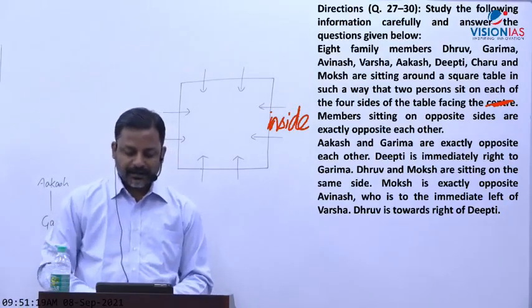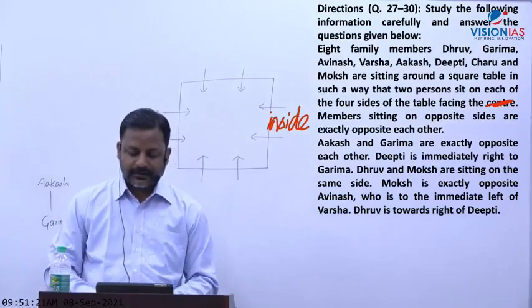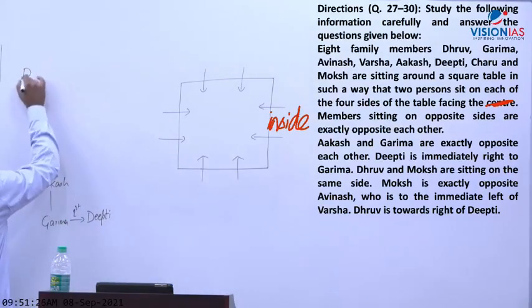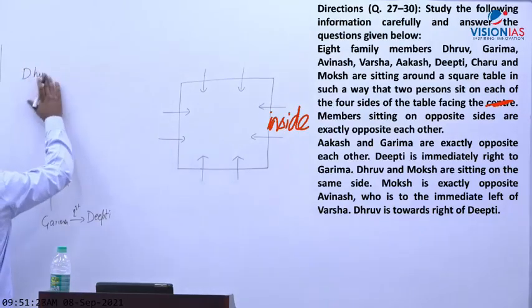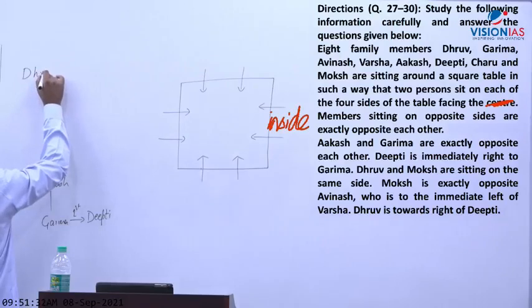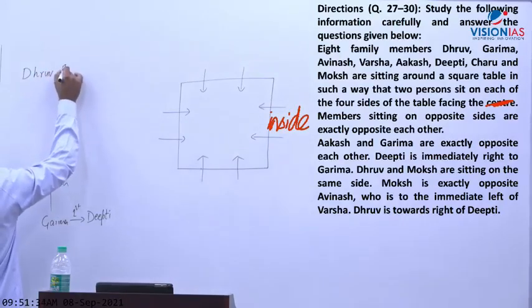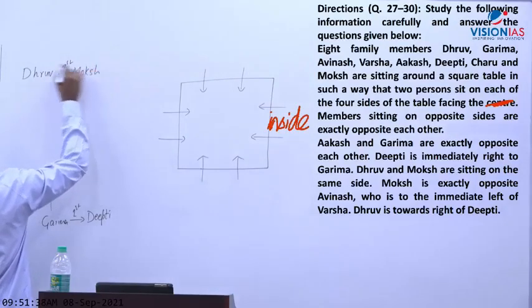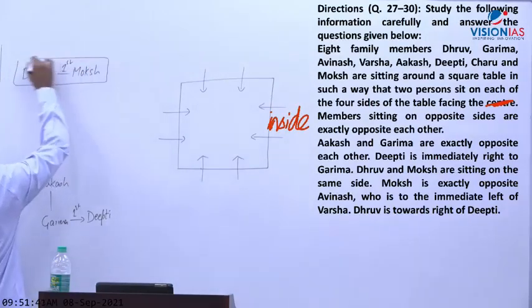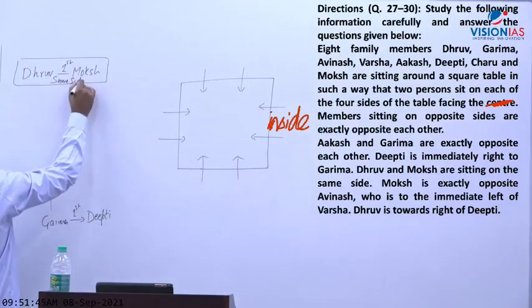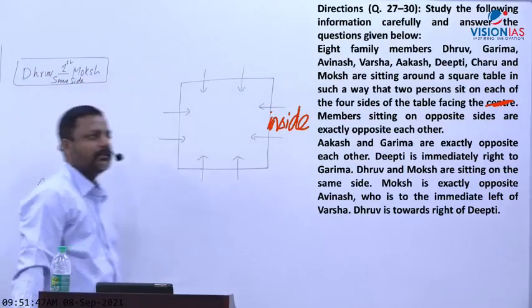Dhruv and Moksh are sitting on the same side. So Dhruv and Moksh, these 2 persons are on the same side. Same side means they are immediate to each other, or you can mark it like this also.